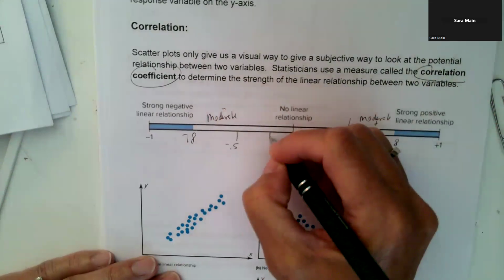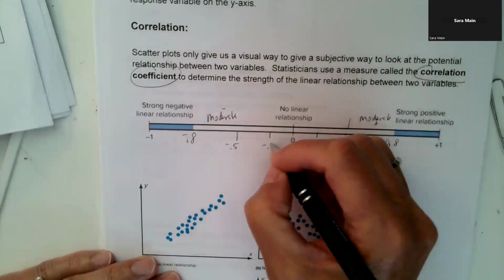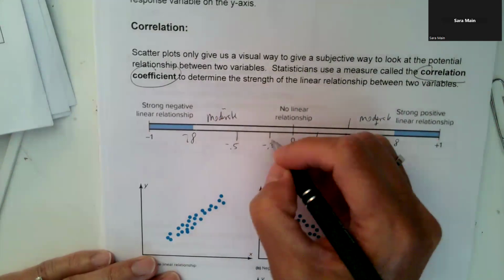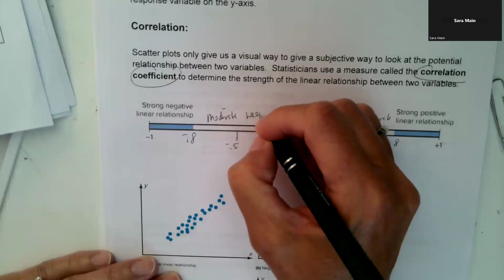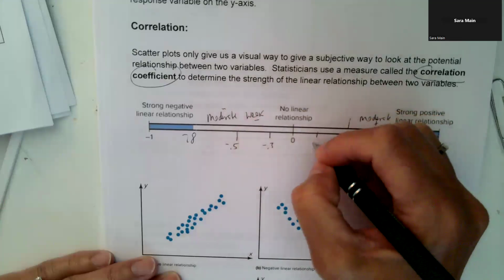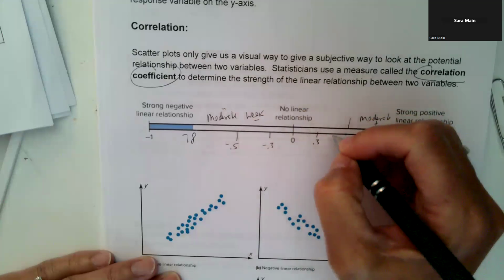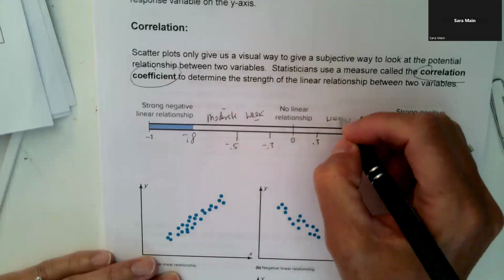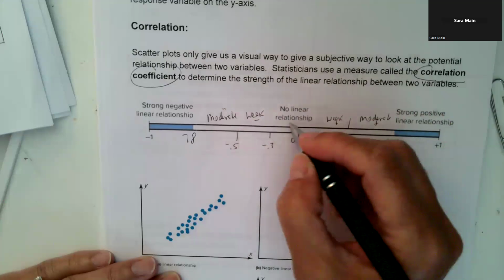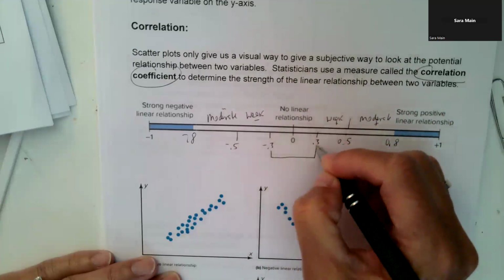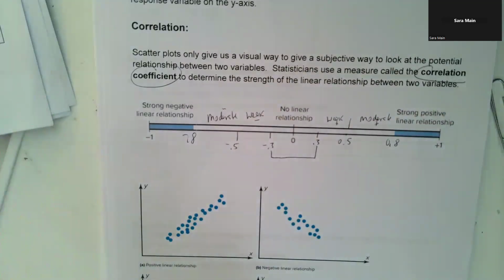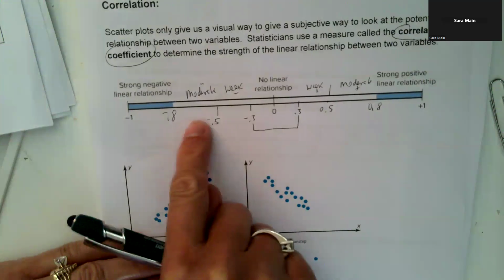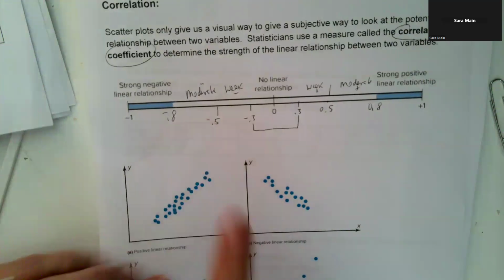And then negative 0.3 to negative 0.5 is a weak negative and a weak positive relationship. And then from negative 0.3 to 0.3, there's no relationship. So this little example here that I have in the notes, a negative 0.67 would be in this moderate negative relationship.